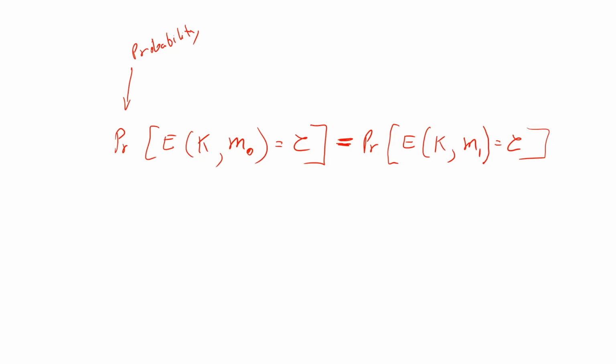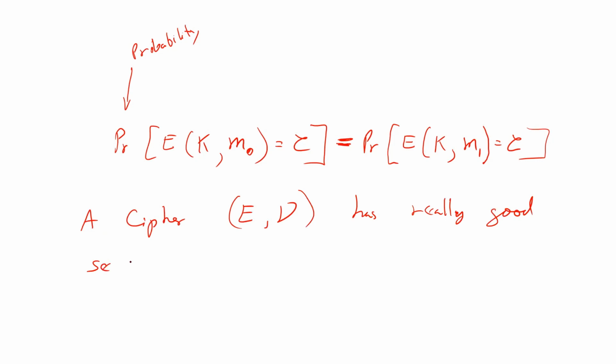So another way of saying this is, by definition, let's say a cipher E comma D has really good secrecy if the top condition is met.